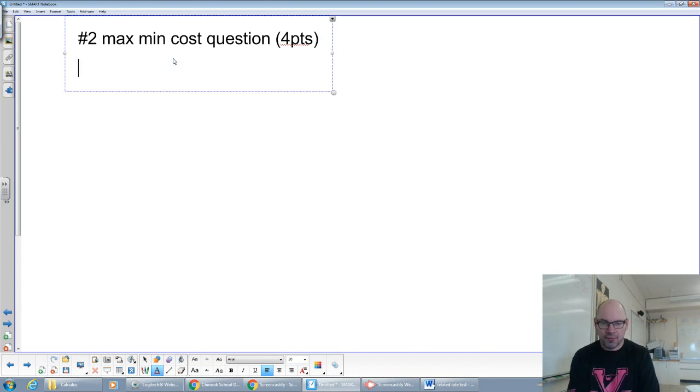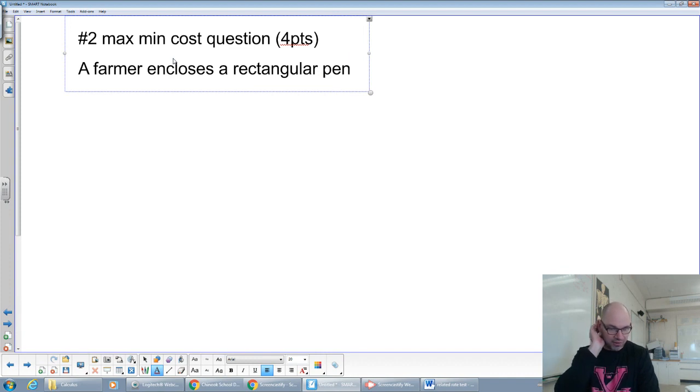Let's say a farmer encloses a rectangular pen with an area of, let's say, 340 square meters.